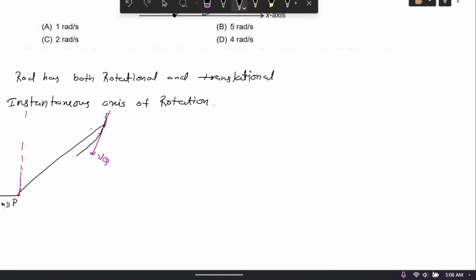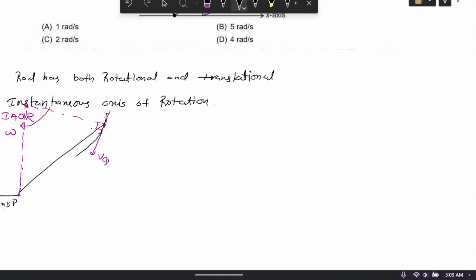So we draw the normal to the velocity vectors, and we will have the instantaneous axis of rotation. The specialty of this axis is that if the rigid body has both rotational and translational motion, around this instantaneous axis of rotation the rod will seem to have only pure rotational motion. So basically this rod has the angular velocity omega at this instant.